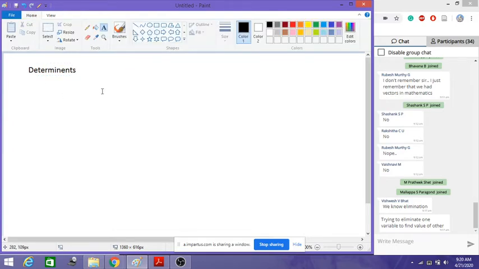So let us see the determinant section. Let me write the equations again so that we can understand. The equations are 1x plus 2y is equal to 3, and 4x plus 5y is equal to 6.